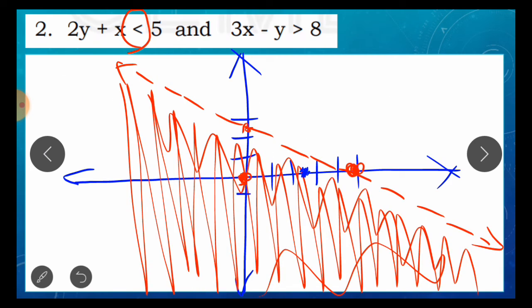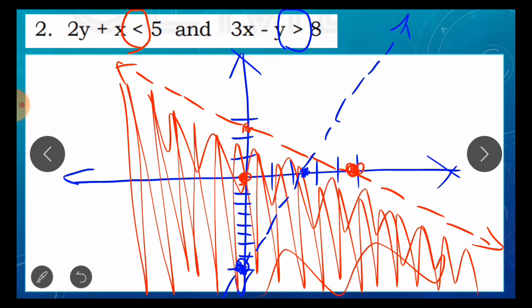So this will not be drawn to scale due to limited space. 1, 2, 3, 4, 5, 6, 7, 8. Okay. So negative 8 of y. Then our given is greater than, so we'll just use a broken line. I advise you to use graphing paper when you're going to do this activity.